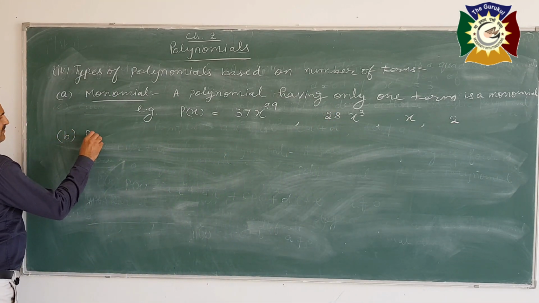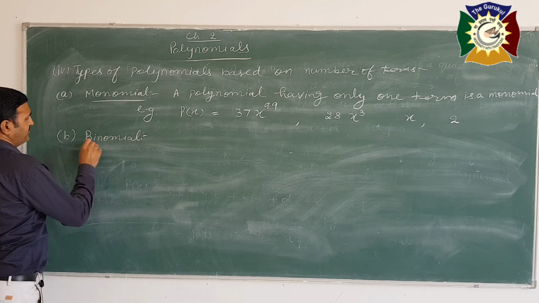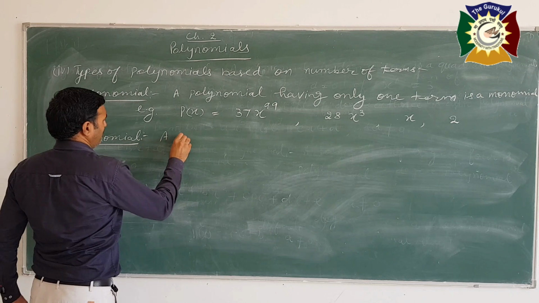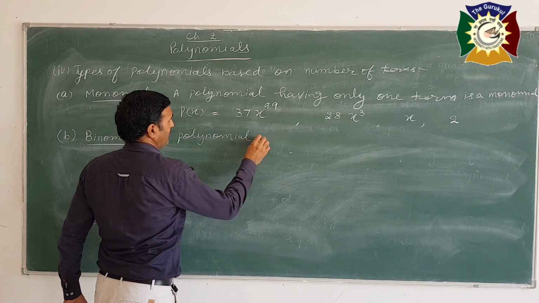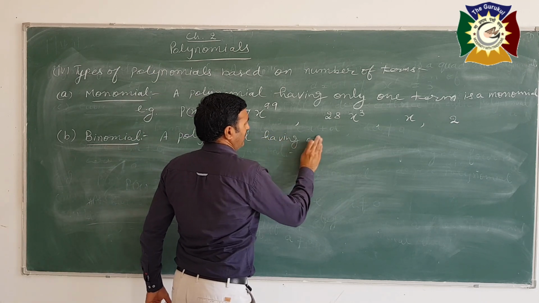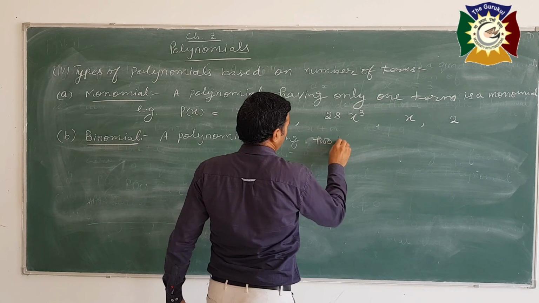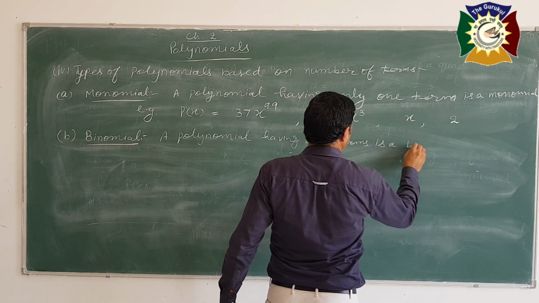Now, binomial. A polynomial having 2 terms is a binomial.